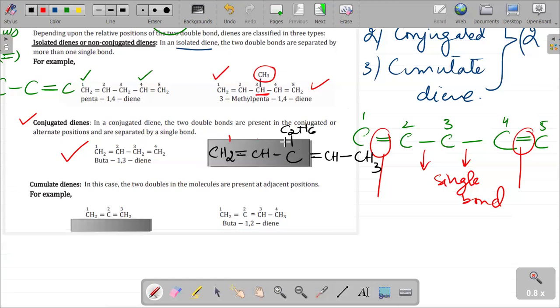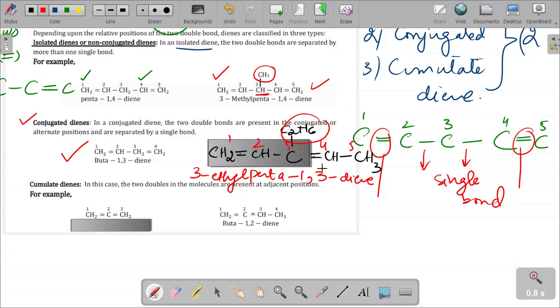It's a 5-carbon compound, which means it's a pent, right? And an ethyl group is present at carbon number 3, so we call it 3-ethyl penta-1,3-diene, right?